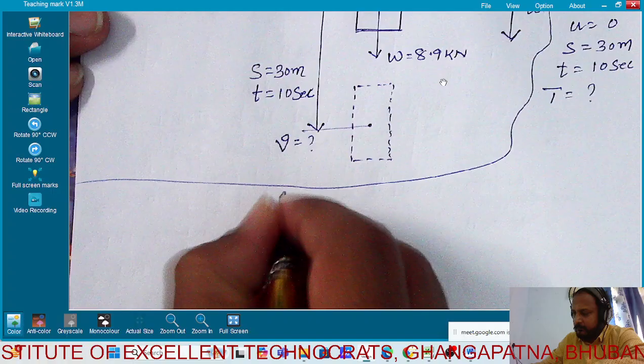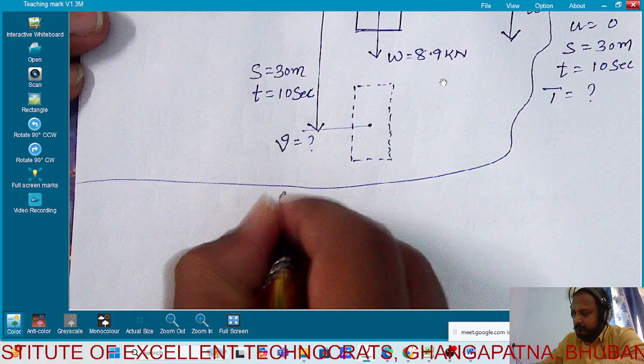S is equal to ut plus half a t square. How to know which linear equation has to be used?